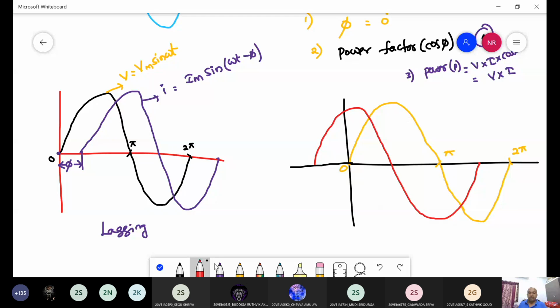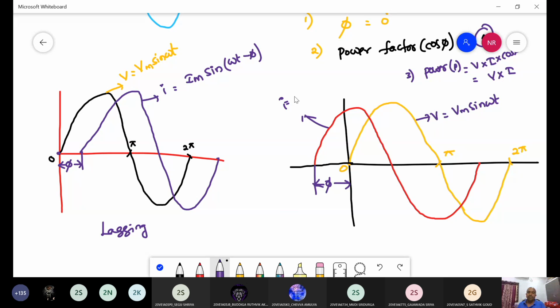So here I'm considering voltage as a reference, that is V is equal to Vm sine omega t. Then what is the current here? The current is started before the voltage. You got my point? How much is the angle here? Phi, right?